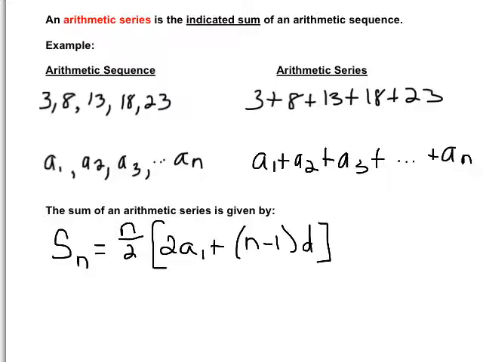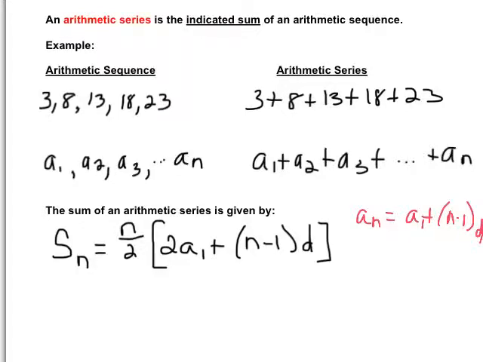The sum, n is the number of terms, a sub 1 is still the first term, and d is still the common difference. Now, there's another way to write this because we know that a sub n is equal to a sub 1 plus n minus 1 times d.